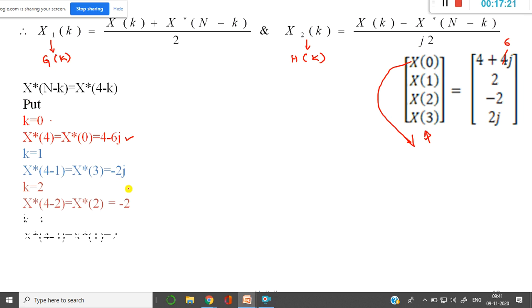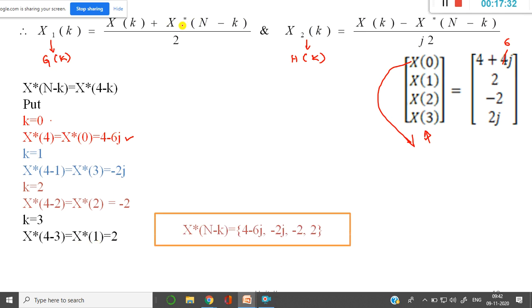So for k equal to 3, it is X conjugate of 1, which becomes 2. Now X conjugate of n minus k equals 4 minus 6j, minus 2j, minus 2, plus 2. So we have X of k here, and we also have X conjugate of n minus k.